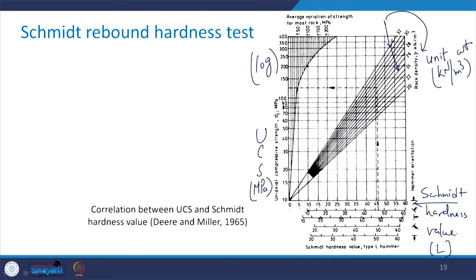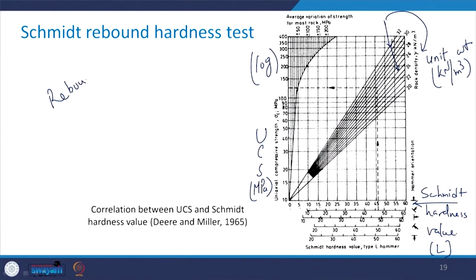Otherwise, let us say you have a cylindrical specimen, just take its weight, measure its dimensions, find out its volume, and you can find out the unit weight of that.